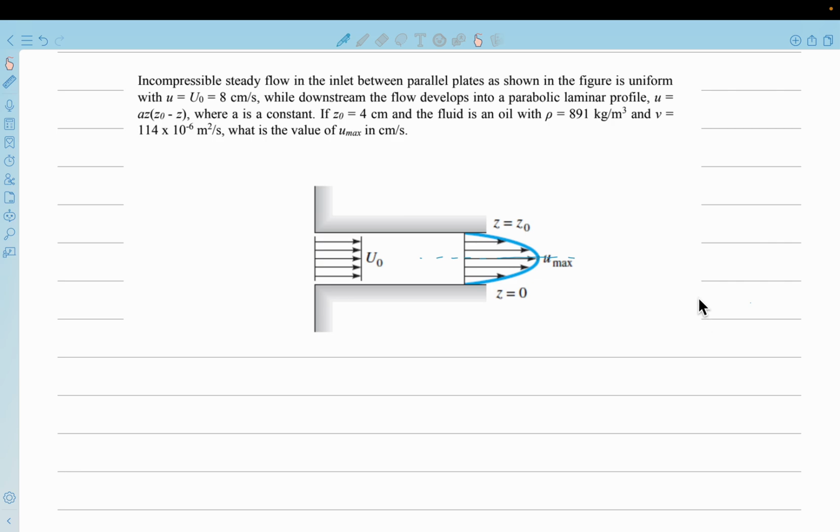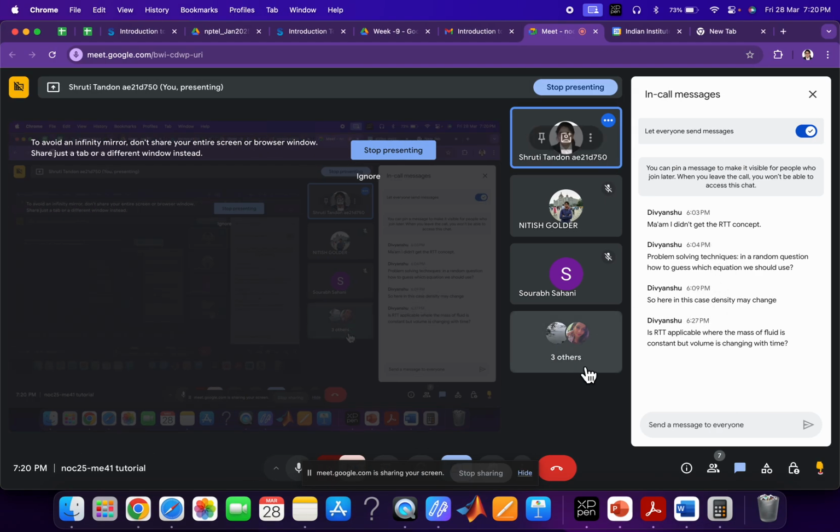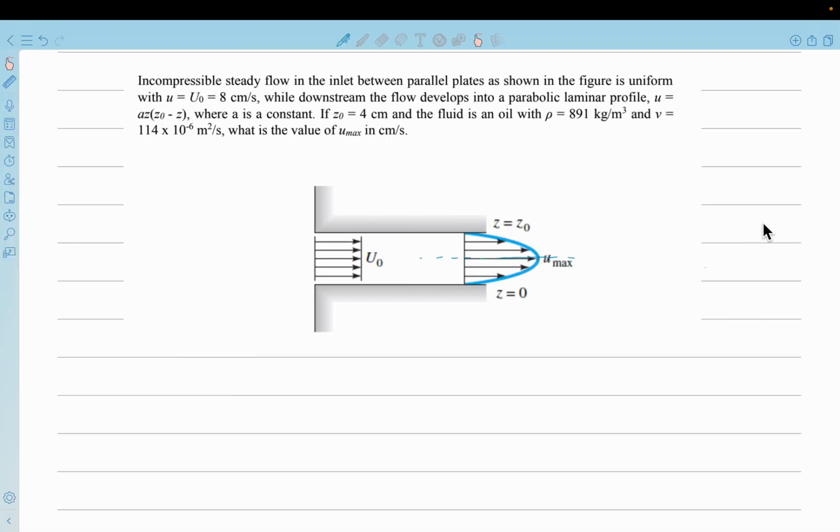So Divyanshu, why don't you guess? Should we use mass conservation or momentum conservation?